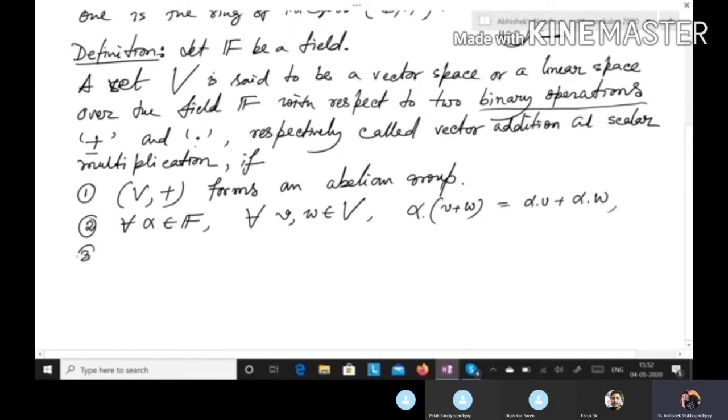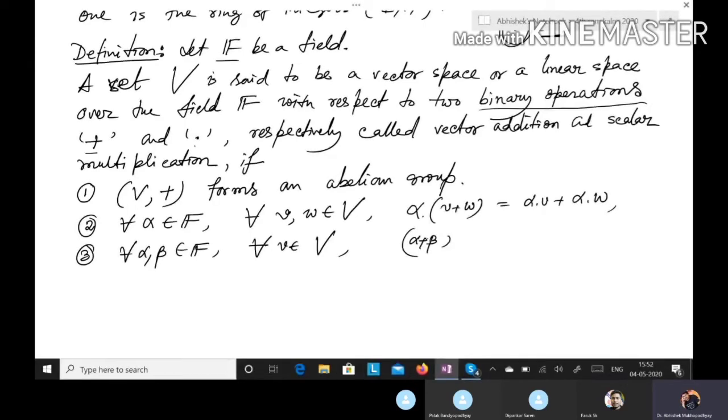Then the third one is for all alpha, beta belongs to F, for all elements V belongs to V. Now alpha plus beta: this plus is for the field F, that is, this addition is the operation defined on the field F. Although they are symbolically the same, this plus has been defined on V and this is the addition on the field F. So you need to understand both these operations.